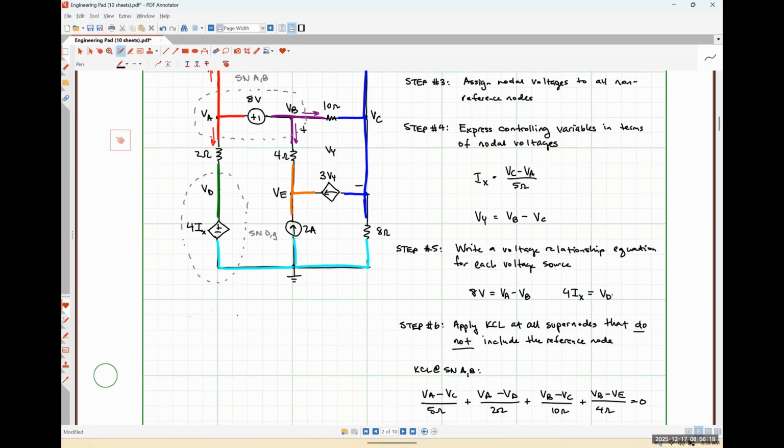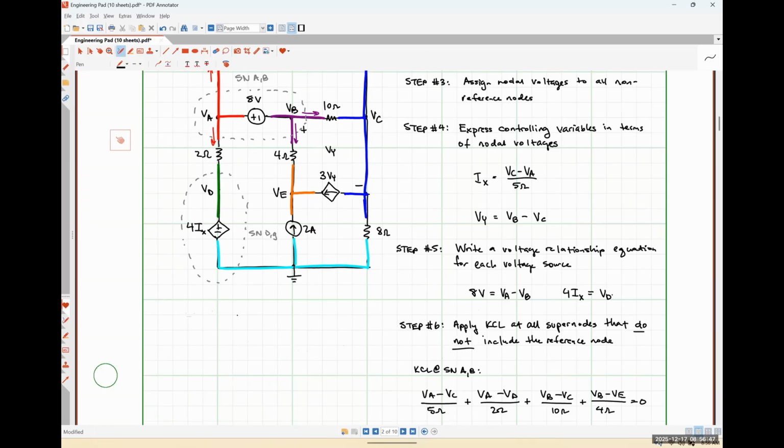For what it's worth, I put that as step 5 so that we remember to do it early. Because that's one of the easiest relationships to forget to write, and you're going to get your system and be like, well, I don't have enough equations to solve for this. So I put the equations that are easiest to forget to write first to remind you, hey, do these first and then do the KCL at the end to make sure that you have enough equations.